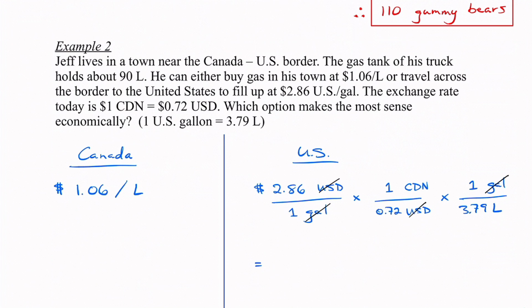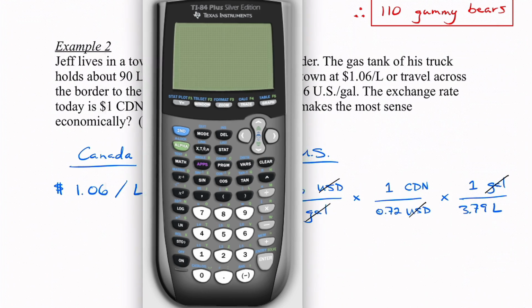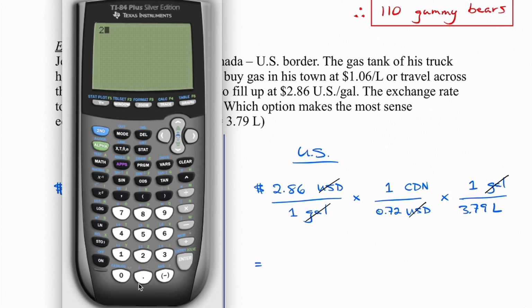To calculate this, we're going to take 2.86, then divide by 0.72, and then divide by 3.79. So I'm just going to get out my calculator and do that. That was 2.86, then divide by 0.72, and then also divide by 3.79, and then I can click equals.